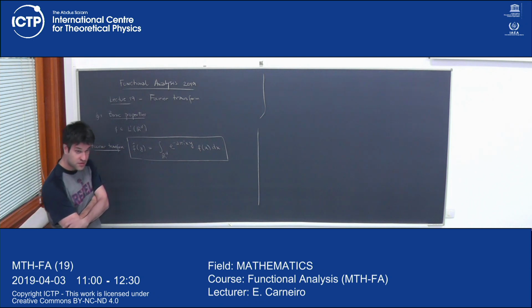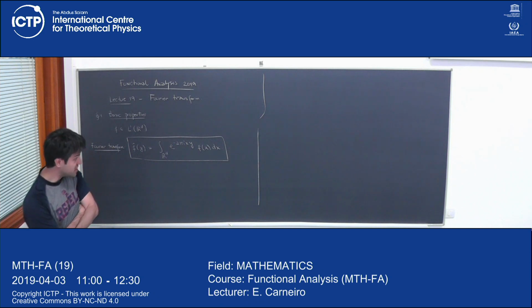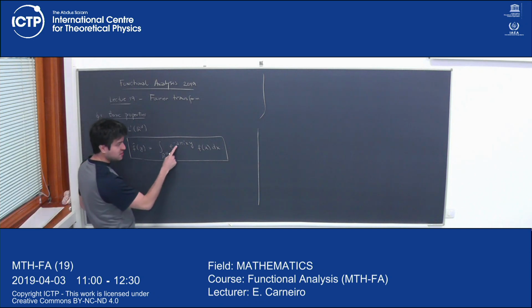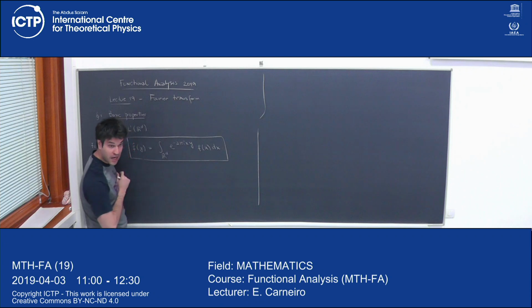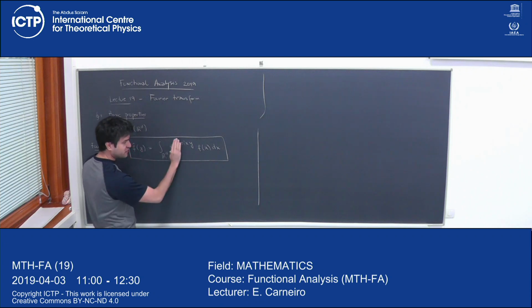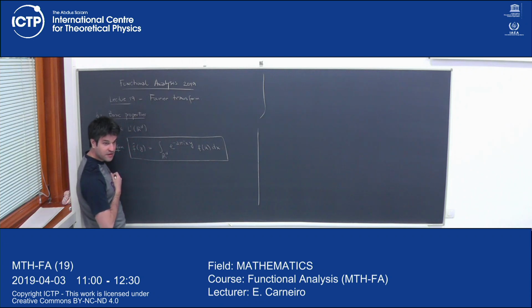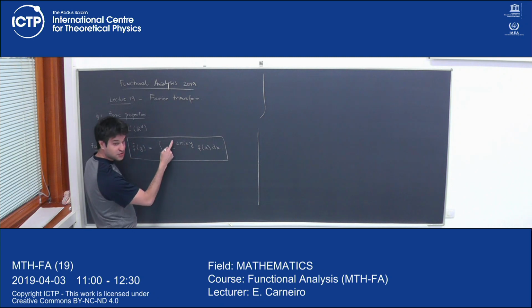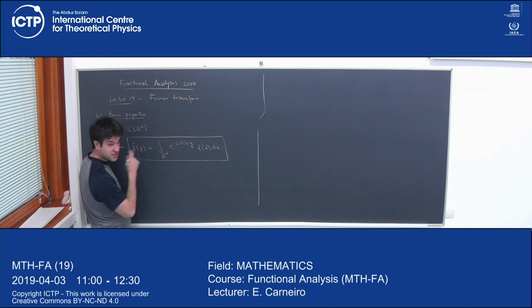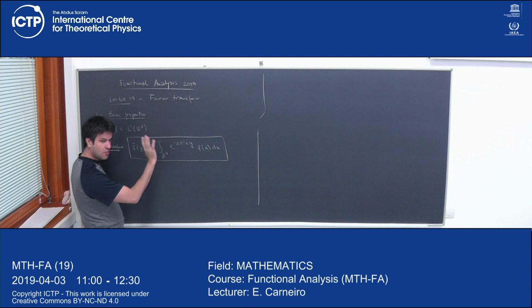If you go to many books, you will see potential variations of this. And here, some authors put the 2 pi, some authors don't. They prefer to put just i x y. Some authors just put the plus or the minus, and some authors divide by a certain constant, 1 over 2 pi raised to some dimensional power. So there are some variations, but the object is the same.